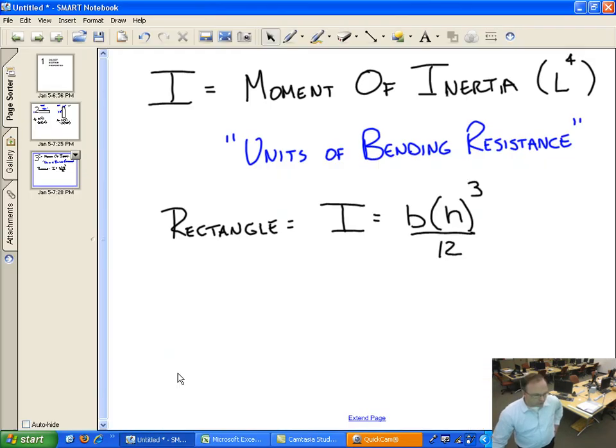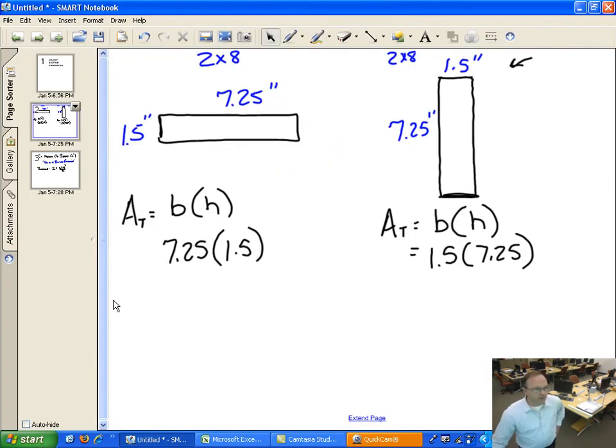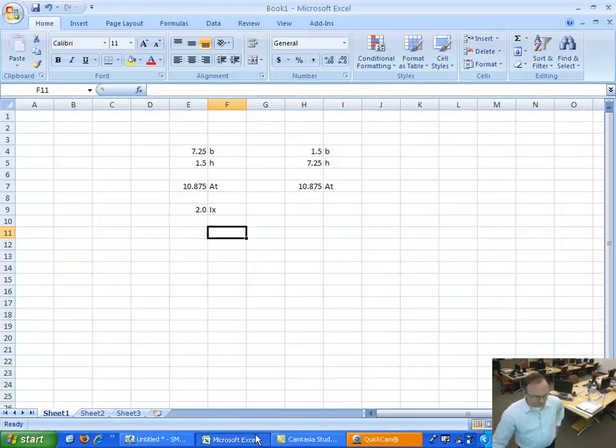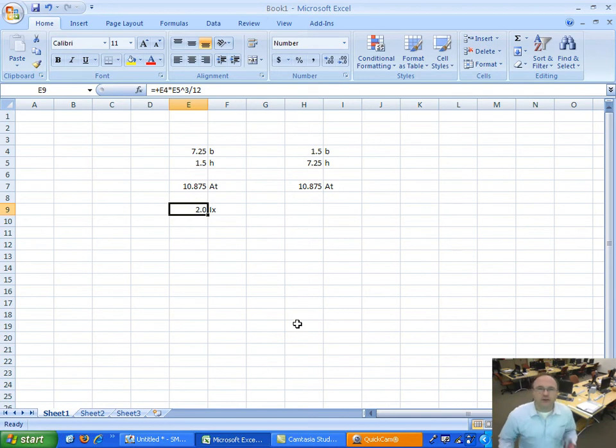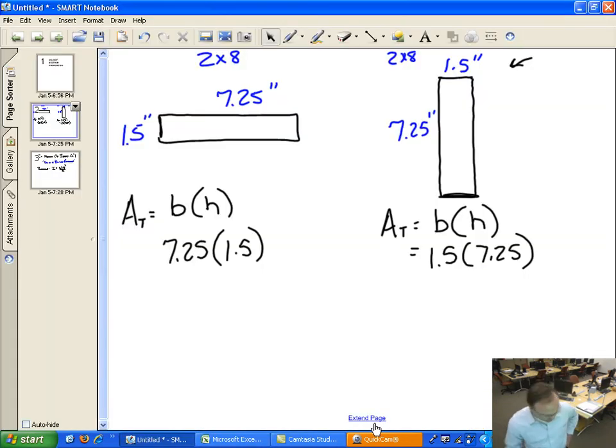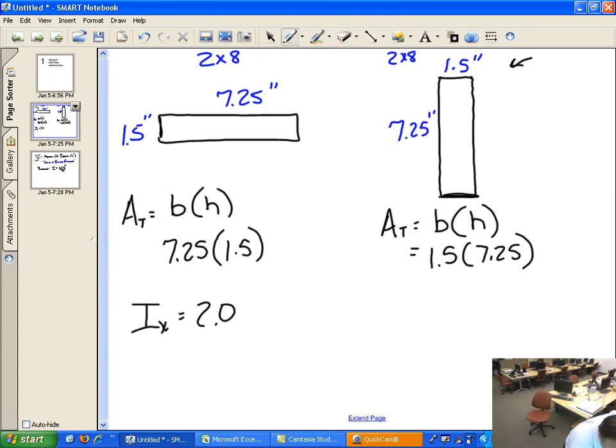For the first one, laying it flat like this, our units of bending resistance, we had 2. So Ix equals 2.0 inches to the 4th. What about the other one?